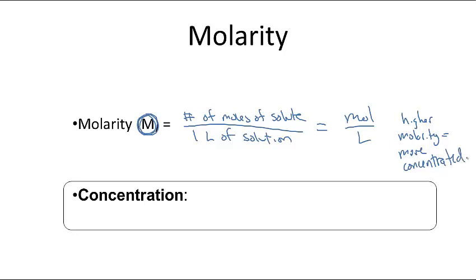Now, what was interesting from the lab you did where you dissolved the salt and the sugar is that your molarity of the salt was higher. You were able to dissolve more moles of salt than you were of sugar. However, the mass of sugar you dissolved was more because the molar mass of sugar is so much higher than it is of salt. So when we talk about which solution was more concentrated, the salt solution was more concentrated because we were able to get more moles dissolved per liter.